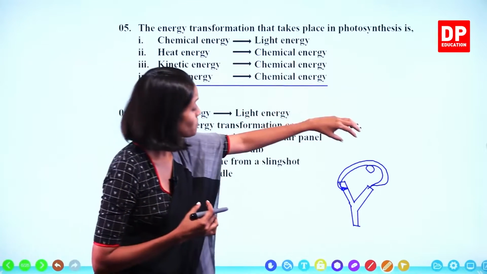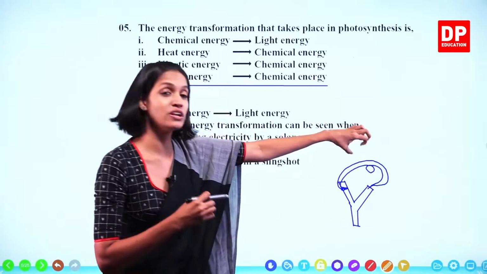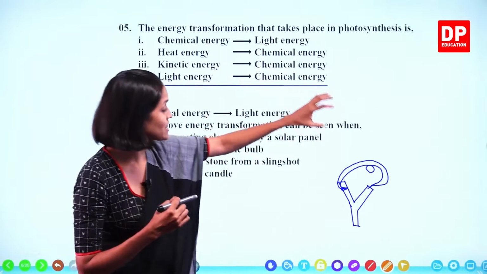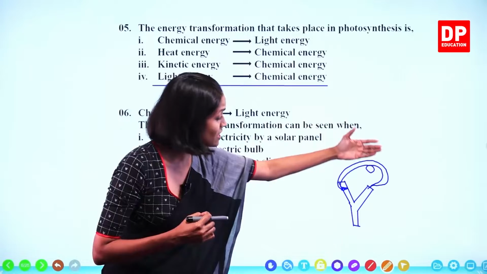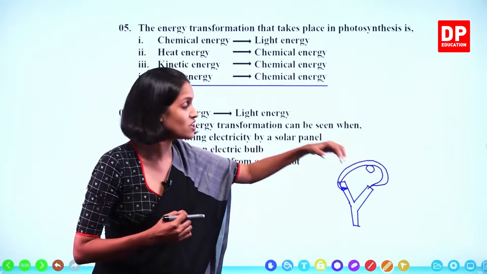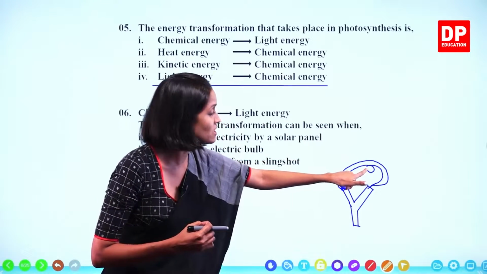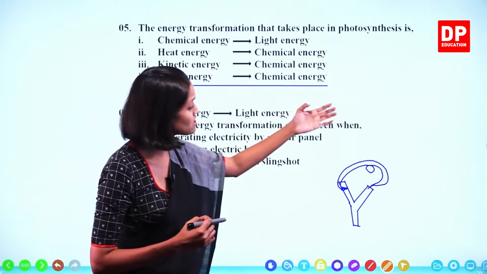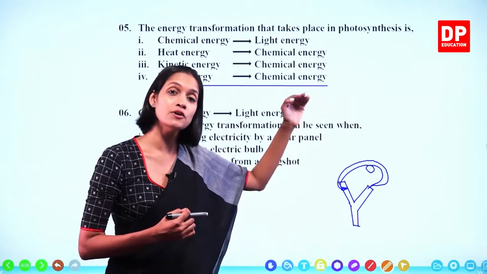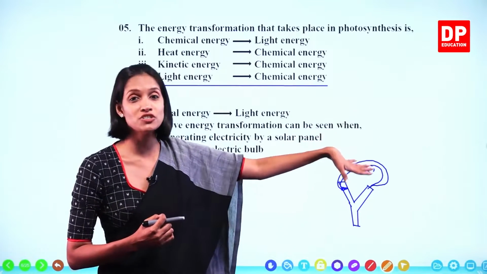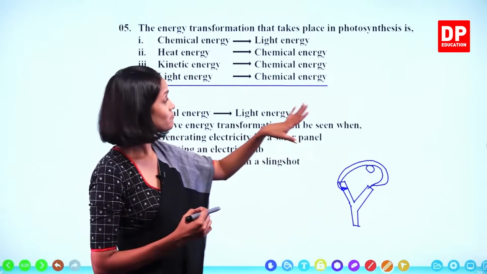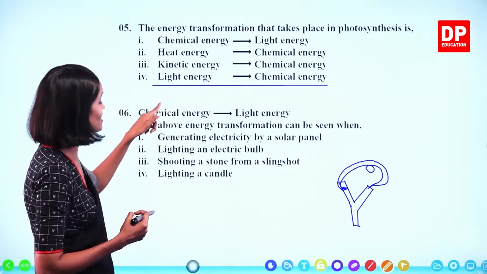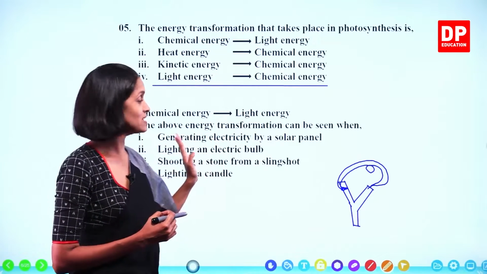Because of the potential energy, when you release it all of a sudden, that potential energy will release to kinetic energy, and because of the kinetic energy, this stone will move forwards, right? So what is the energy transformation that takes place here? Potential energy is converted to kinetic energy. But here they ask chemical energy to light energy, right?